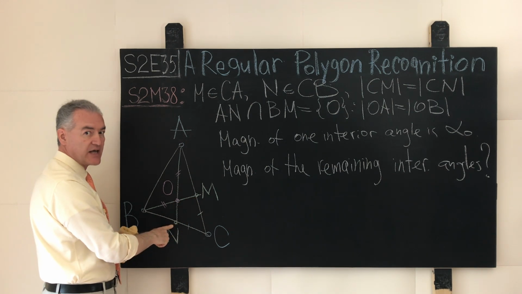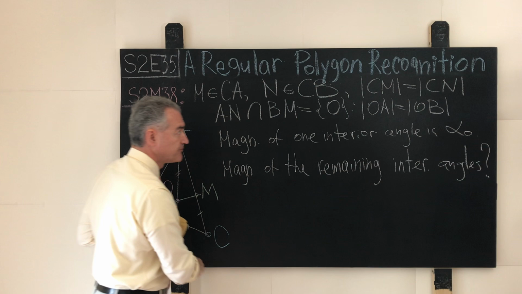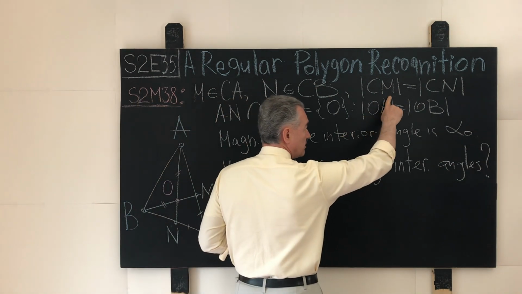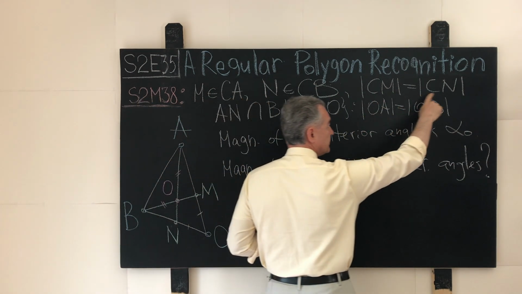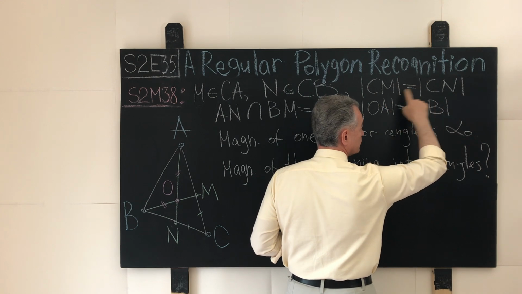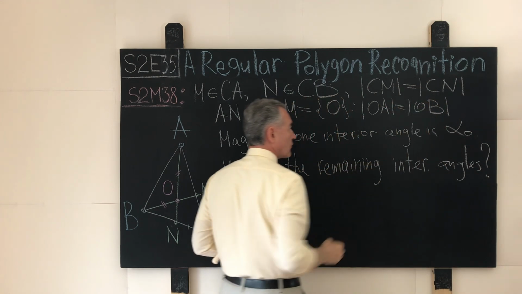In other words, the length of the line segments CM, M as in Mary, and CN, N as in Nancy, is one and the same.